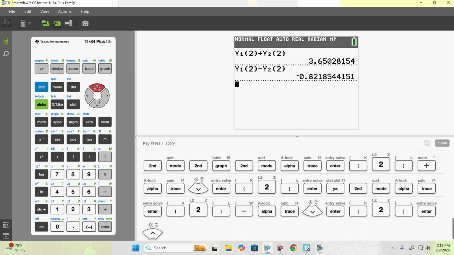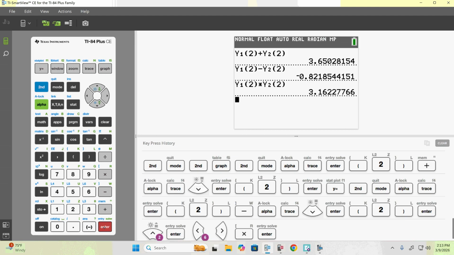Or once we get it plugged in once, use the arrow key and go up and select it and hit enter. So it brings it right back down, because we can bring any of the previous equations down. It works on both calculators. And then we can go over and change it from subtraction to multiplication.